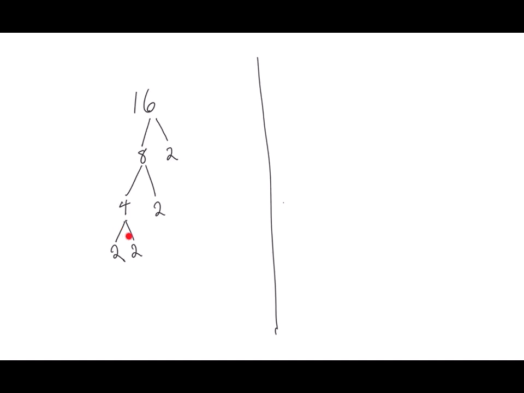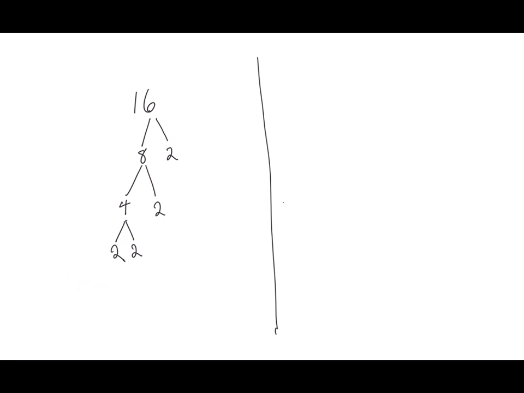That's interesting. So if I keep dividing by the smallest number that divides into my number over and over again, I'll end up with these endpoints on my chart here.